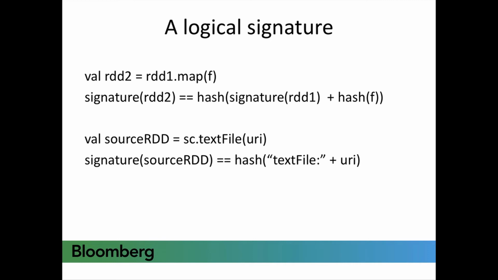And for something that doesn't have any dependencies on prior RDDs, like a source RDD where you just load a text file from some URI, that's just a string, so you can make a really simple hash of it that is basically just the URI plus some constant that determines what kind of source type it is. You might have a different one for Parquet files versus a text file or an object file.